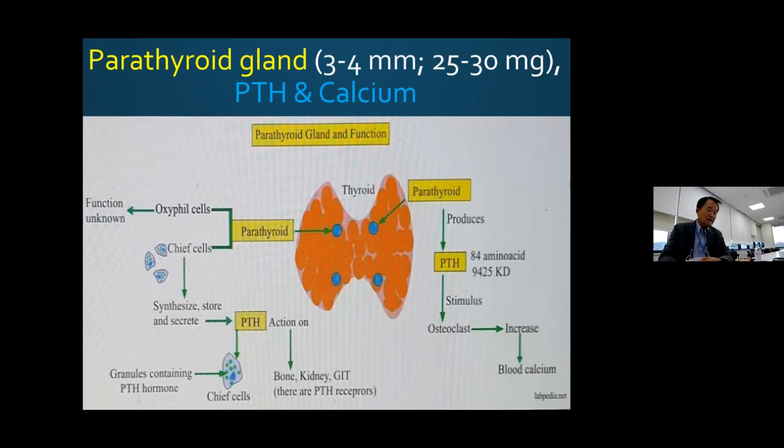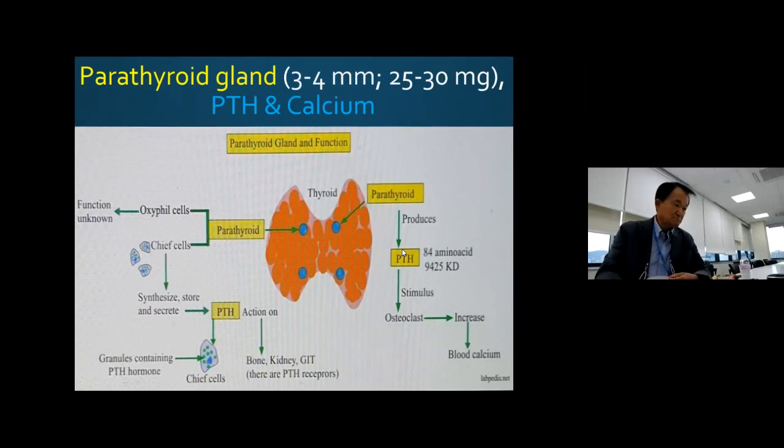So if we have any patient with hypercalcemia, there's a long differential diagnosis. One of them is parathyroid disease. The parathyroid has certain cells. The oxyphil cells, we don't know what their function is. There are chief cells, and these chief cells secrete the parathyroid hormone.